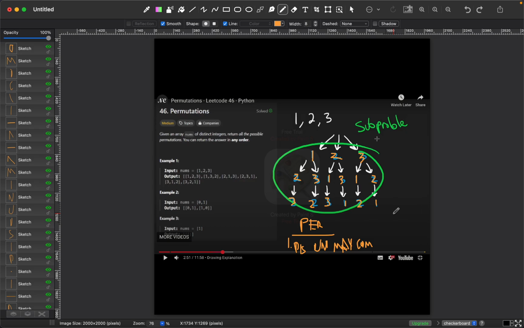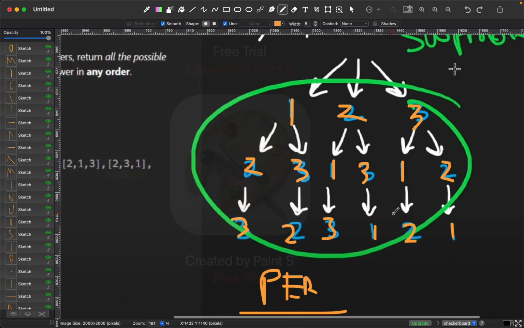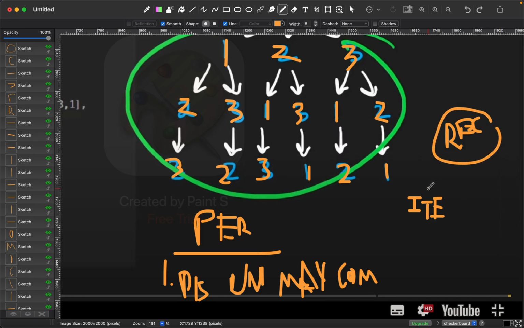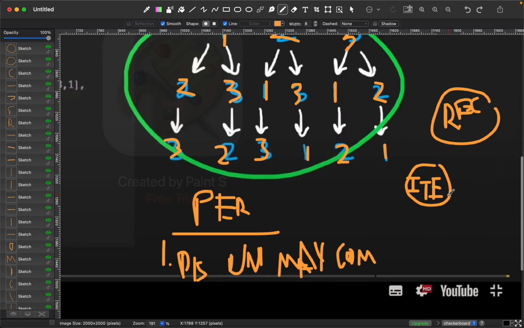And I don't know if this whole method is called iterative or not, because in my previous video I discussed that what we were doing was recursive, and the main difference between these two is in terms of the coding.